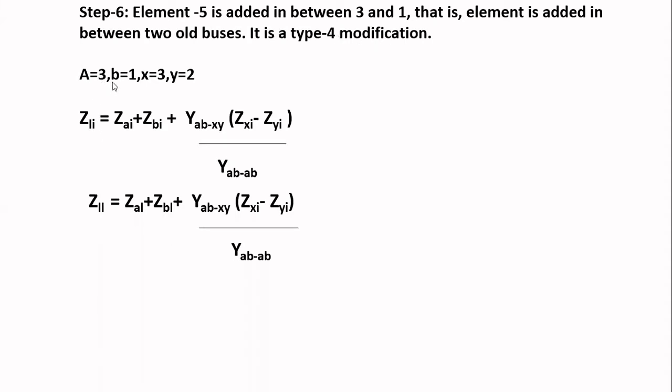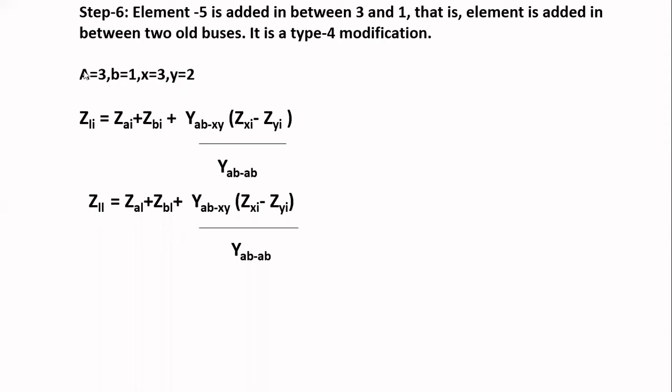In this case, the mutual impedance is added in between 3 to 1 and 3 to 2. That is why we consider A equal to 3, B equal to 1, X equal to 3 and Y equal to 2.